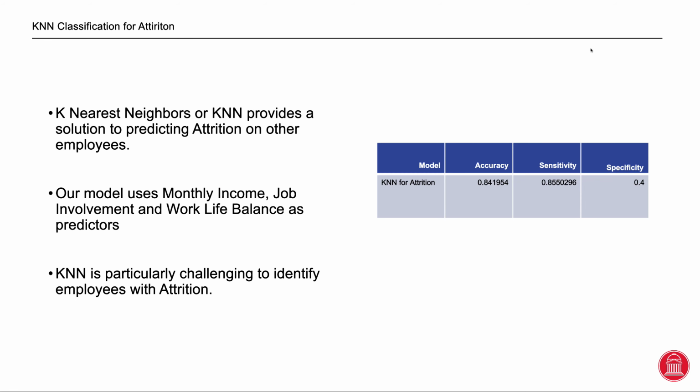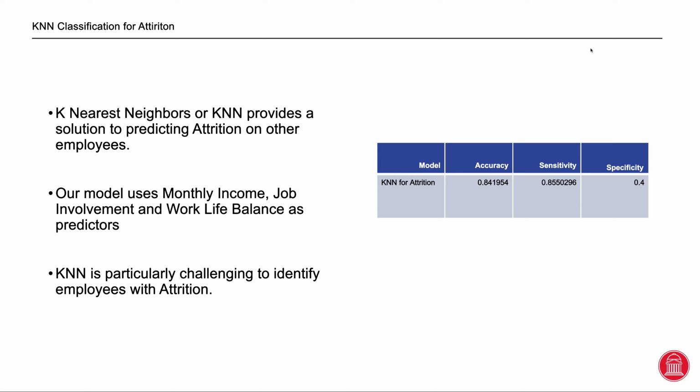If we want to actually be able to use some of this information, we need to put it into a predictive model. In this case, we're going to try to use K nearest neighbors, or KNN, which is a way to classify employees in terms of attrition, yes or no, using all these attributes that we just came up with. We ended up choosing monthly income, job involvement, and work-life balance as predictors.